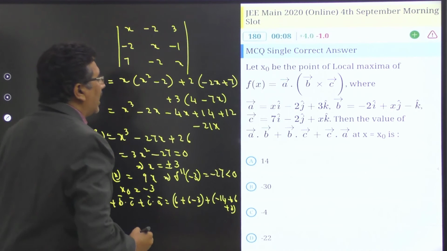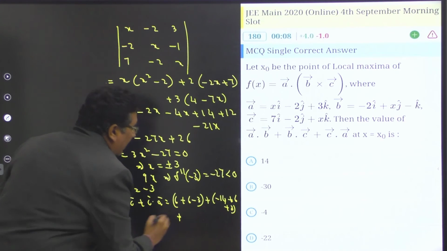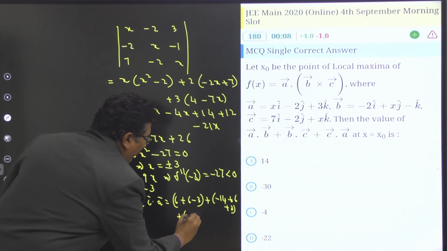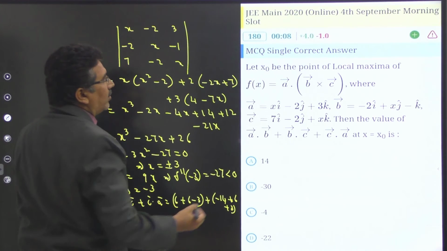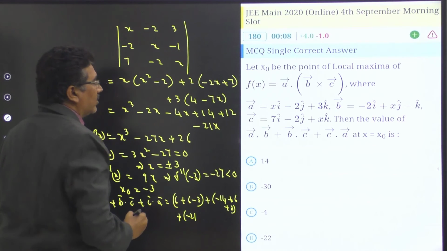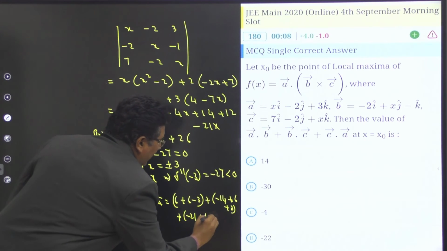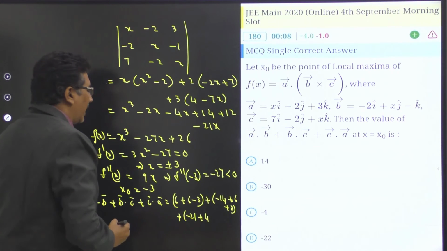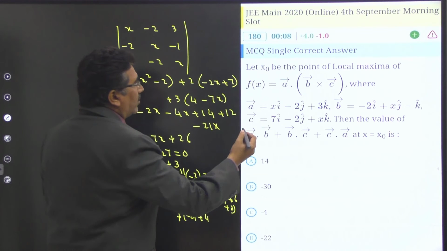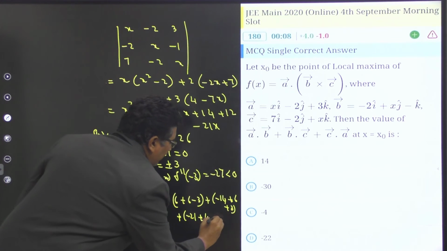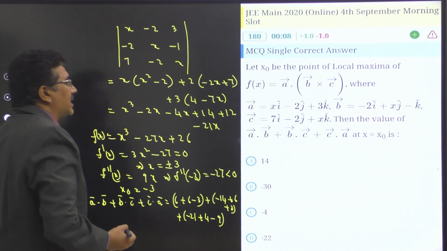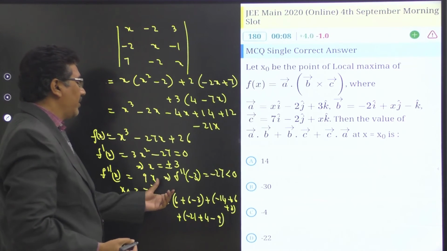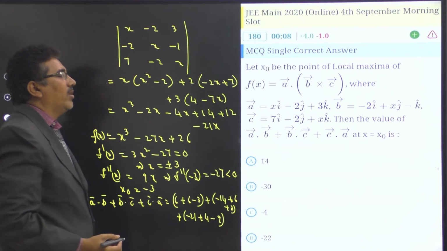Now c bar dot a bar: minus 3 into 7 is minus 21, plus minus 2 into minus 2 plus 4 plus 4, 3 into minus 8, that is minus 20, and 3 into minus 3, that is minus 9. Right? Now verifying a bar dot b bar, b bar dot c bar, and c bar dot a bar.